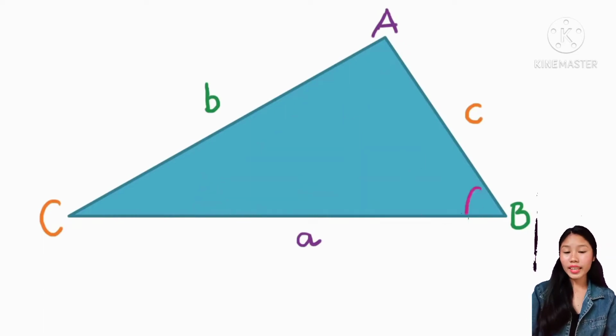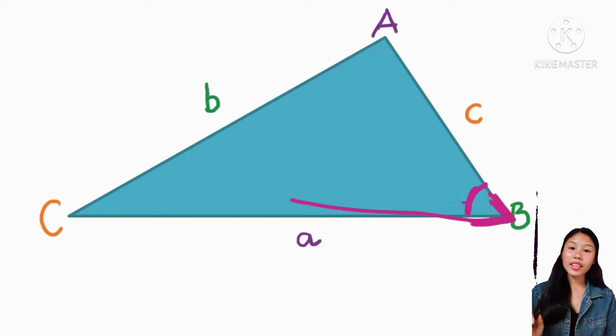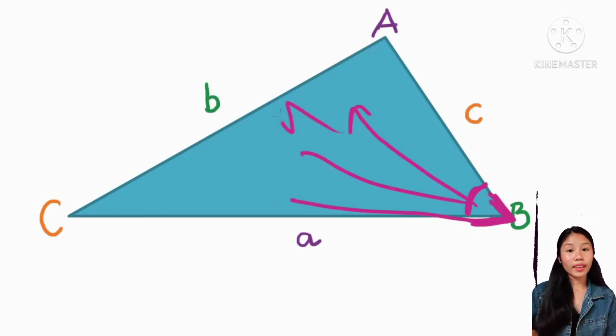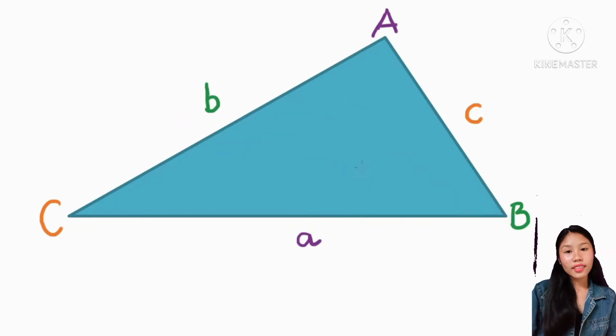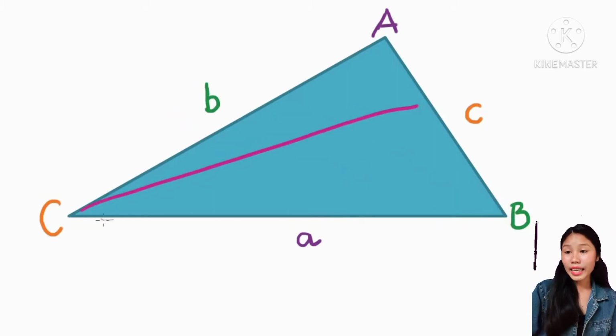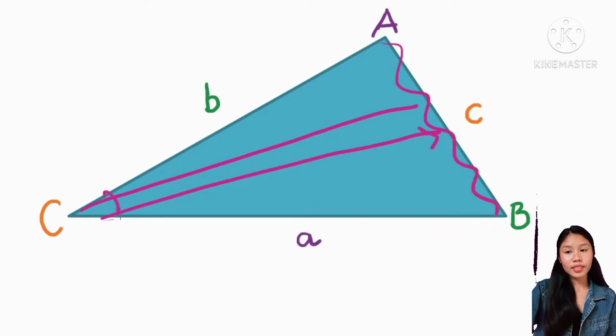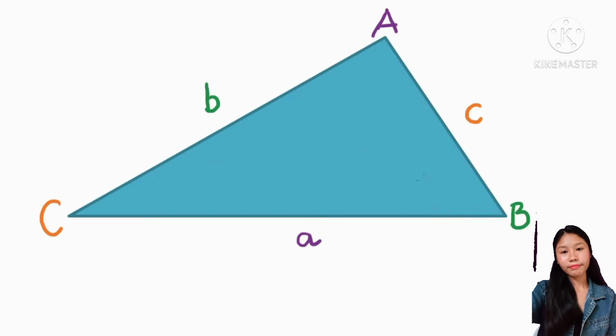Same with B: it is an angle B with vertex B, and the opposite line is the little b. Same with C: it is an angle C with a vertex C, and across from it is the little c.